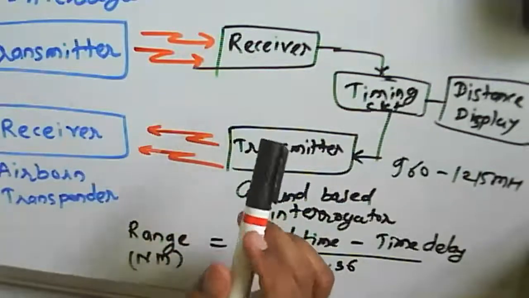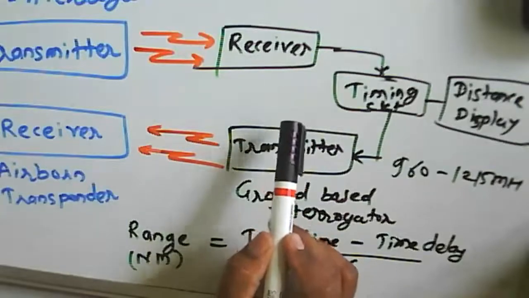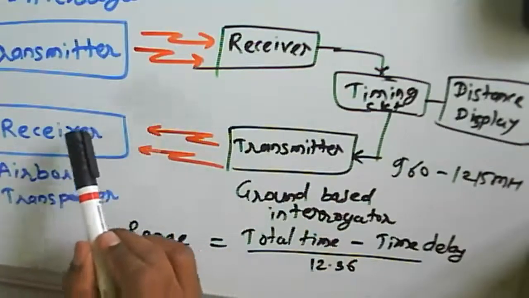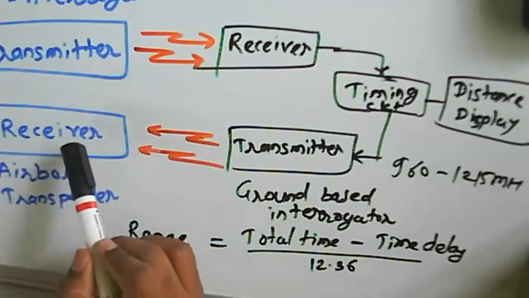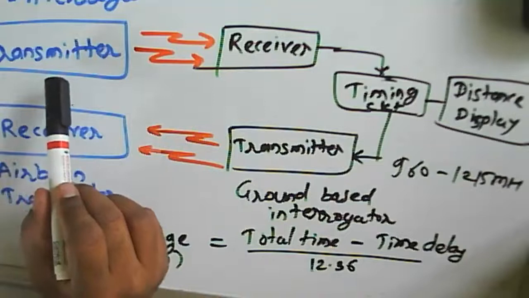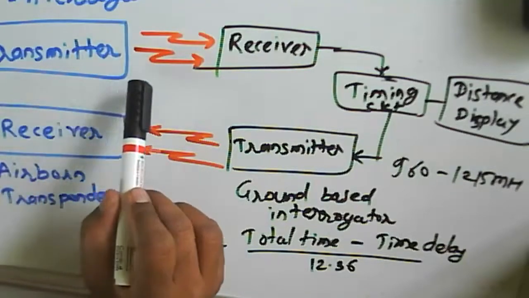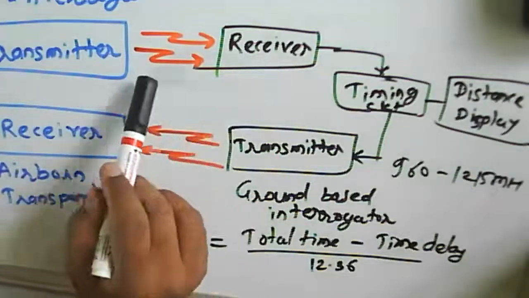So generally, if you consider here, the interrogation pulse is sent. Okay, then the interrogation pulse is received at the transponder of the aircraft there. Then the interrogation pulse is detected at the receiver. Okay, and then the pulse is again generated here, and the same pulse is transmitted. Okay, so here we have a delay.